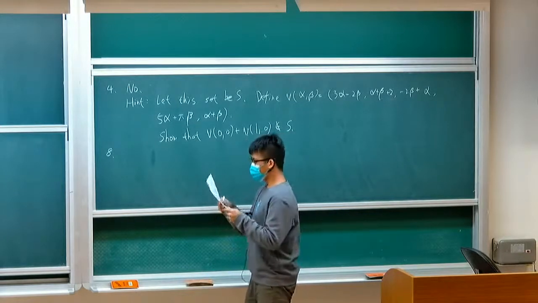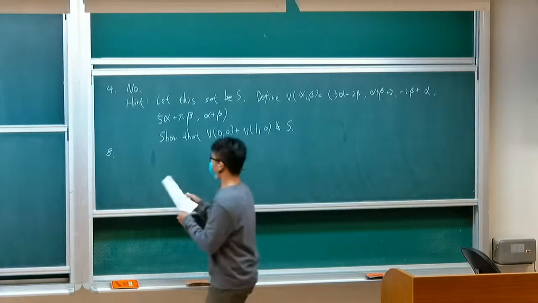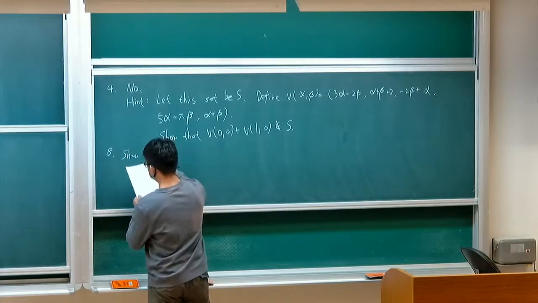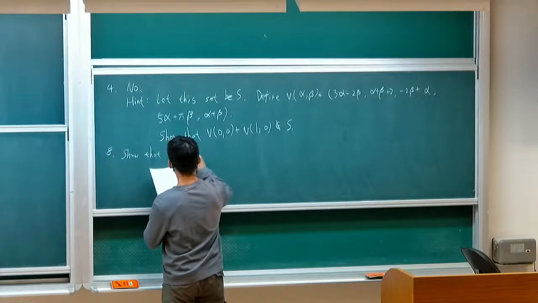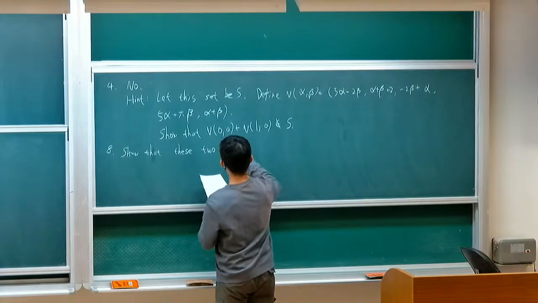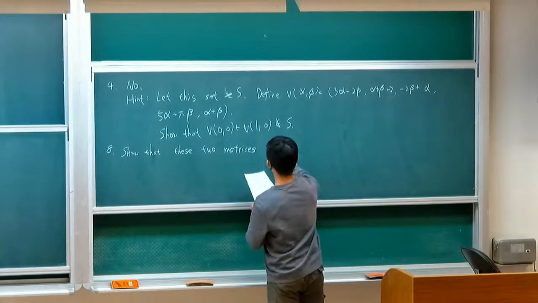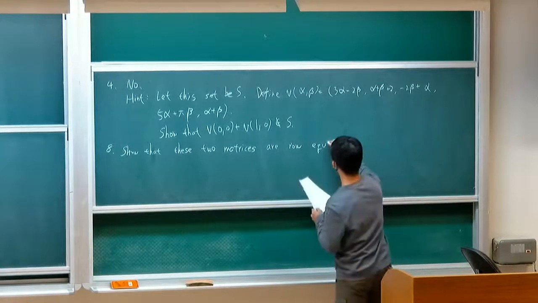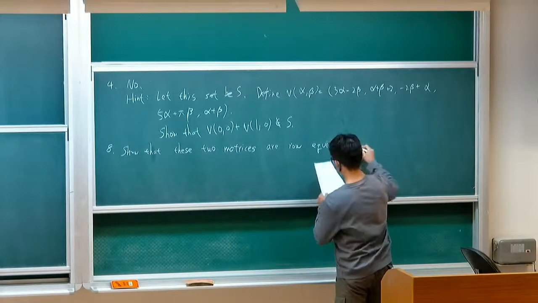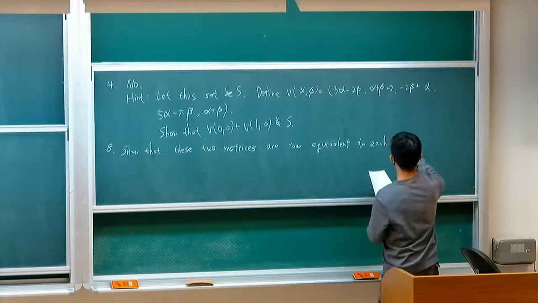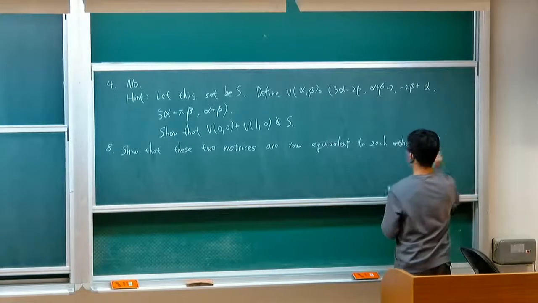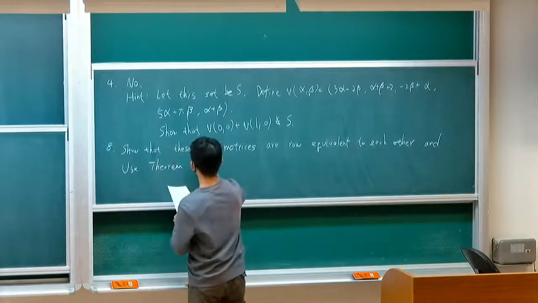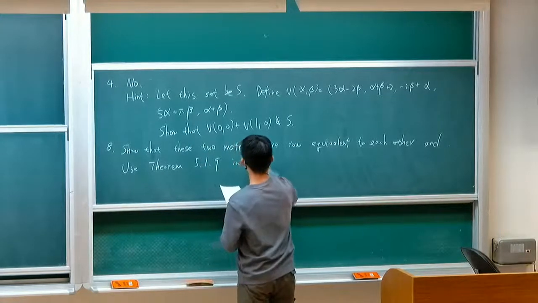So here, you just need to show that these two matrices are row equivalent to each other, and use theorem 5.1.9 in the lecture note.